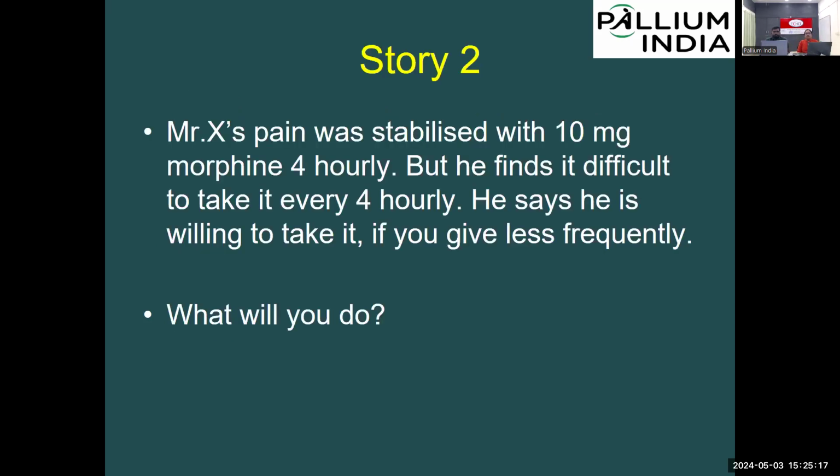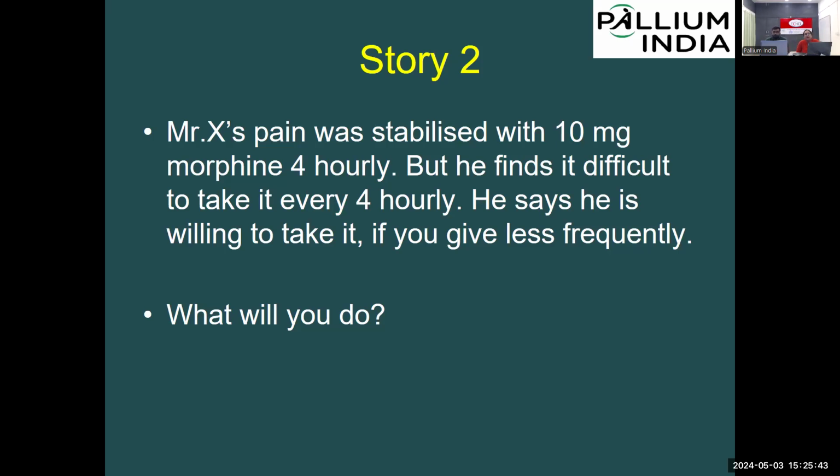Moving on to the patient whom we have started on morphine. The patient is on 10 milligram of morphine 4 hourly, but he finds it difficult to take it every 4 hours.